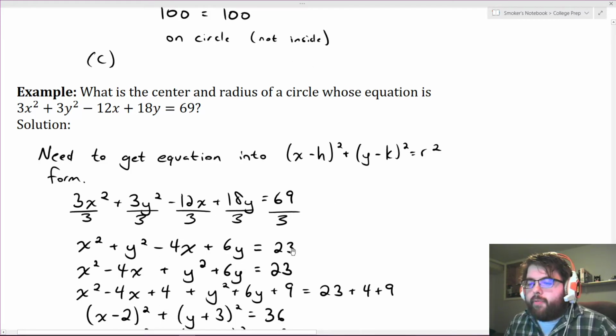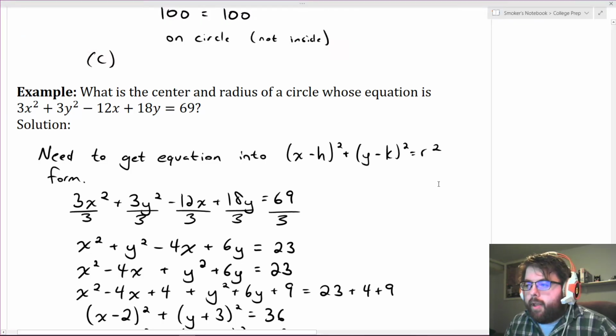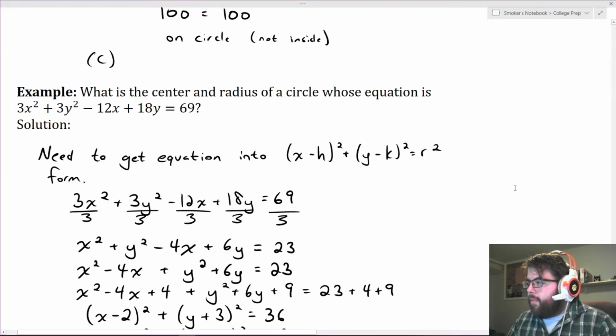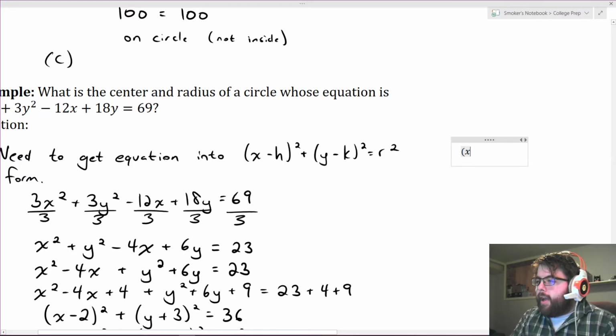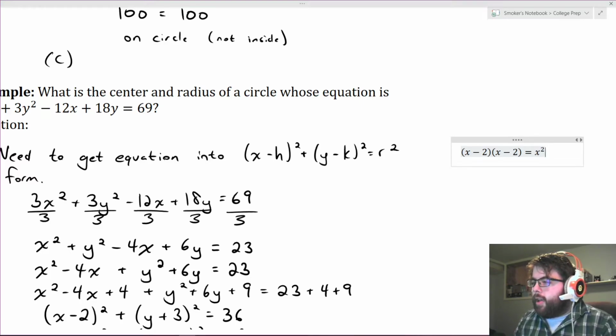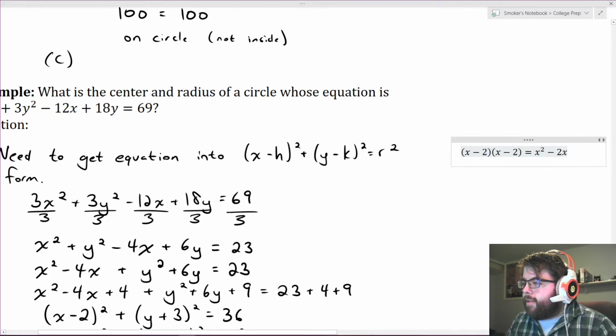Let me actually type this up for you guys. So if I have x minus 2 times x minus 2, I need to FOIL this. So I have x times x is first. Outer is x times negative 2, or negative 2x.